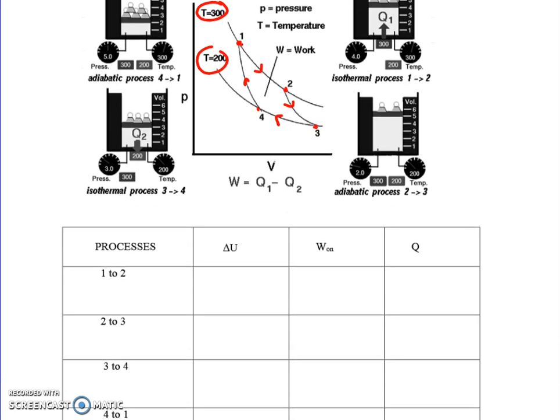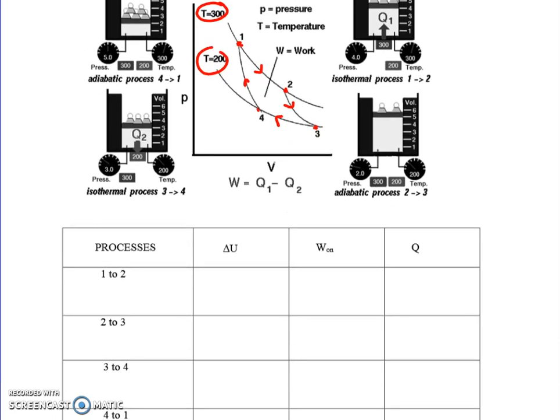Okay, so let's try to go back and forth between these two. If we start from 1 to 2, we're staying on the 300 isotherm. So that's, as I keep saying, an isothermal process. By definition, it's the same temperature, so our change in internal energy is going to be zero. We see that our volume is going up, from a low volume to a higher volume, so the work done on the gas is going to be negative.